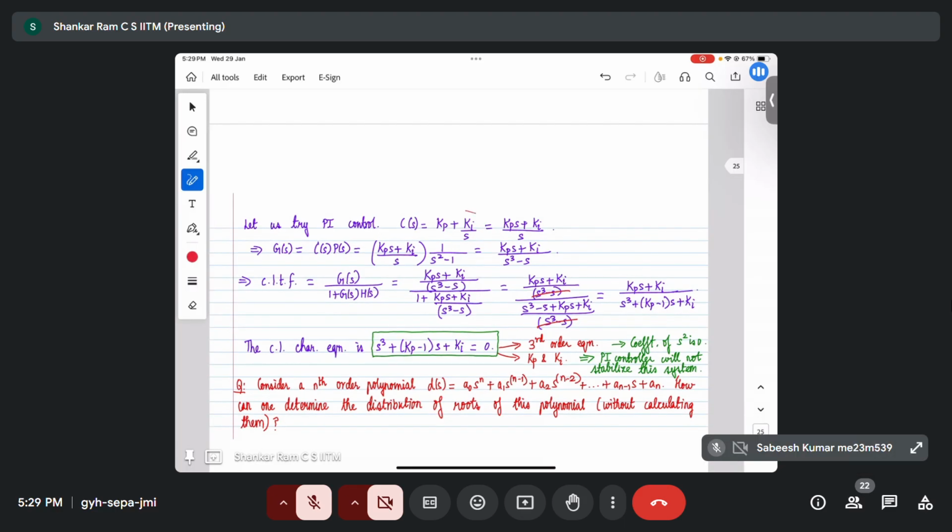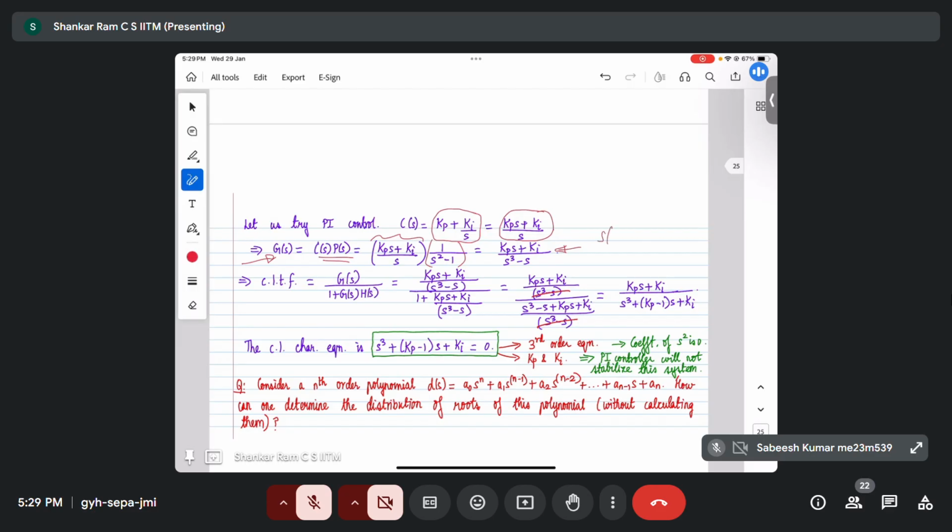For PI control, the controller transfer function is Kp plus Ki by S. Taking the LCM, this is (Kp S plus Ki) divided by S. Now the forward path transfer function G(S) is C(S) times P(S), which is (Kp S plus Ki) by S times 1 by (S squared minus 1). So we get (Kp S plus Ki) divided by (S cube minus S).